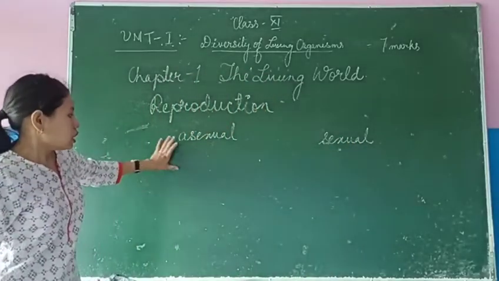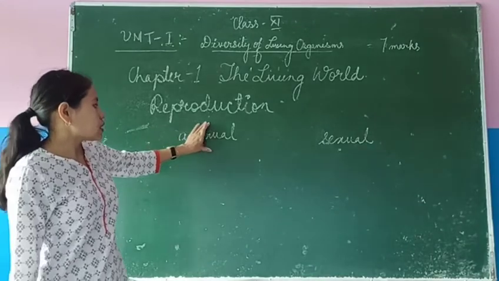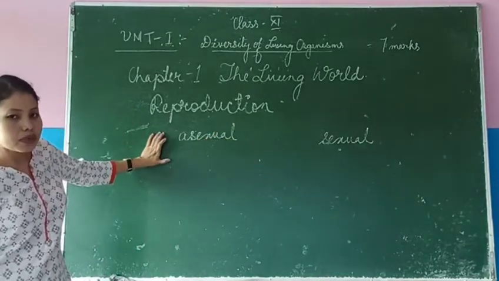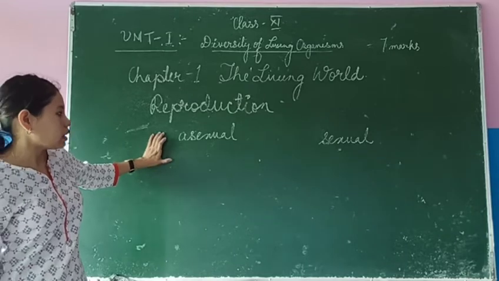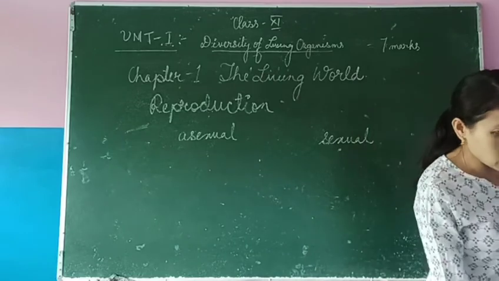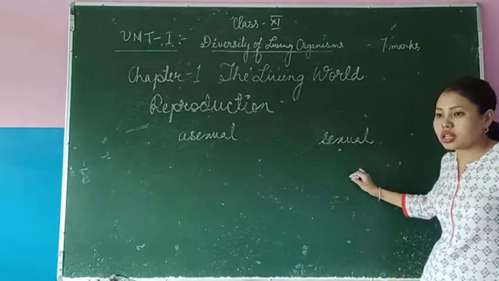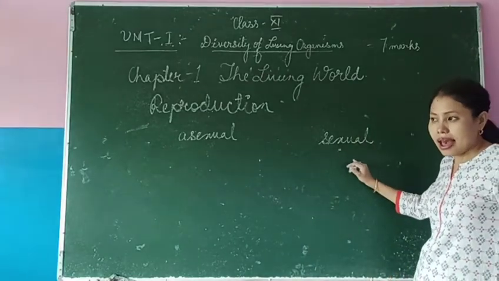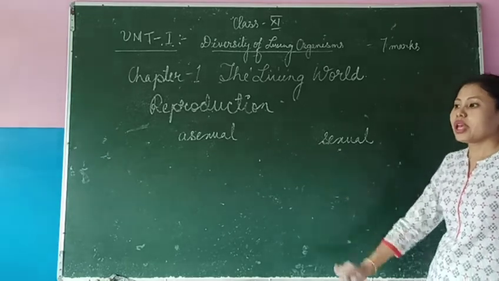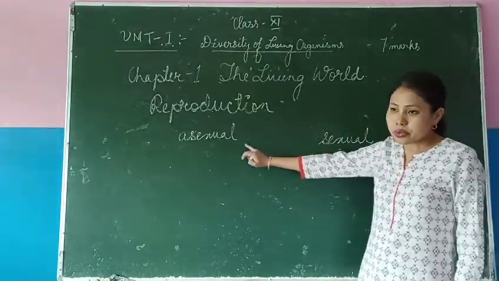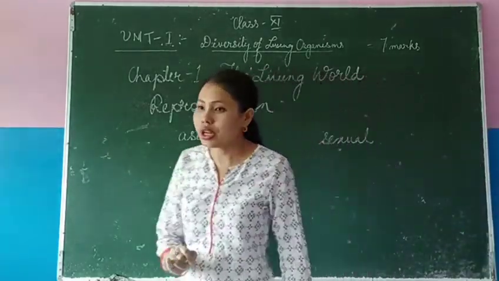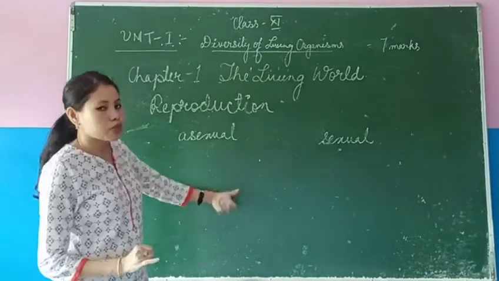This asexual reproduction is seen in many plants and in lower organisms. And sexual reproduction, which is a highly developed one, you can see in higher plants and animals, most multicellular organisms. In asexual reproduction, only a single parent is involved in the process of reproduction.